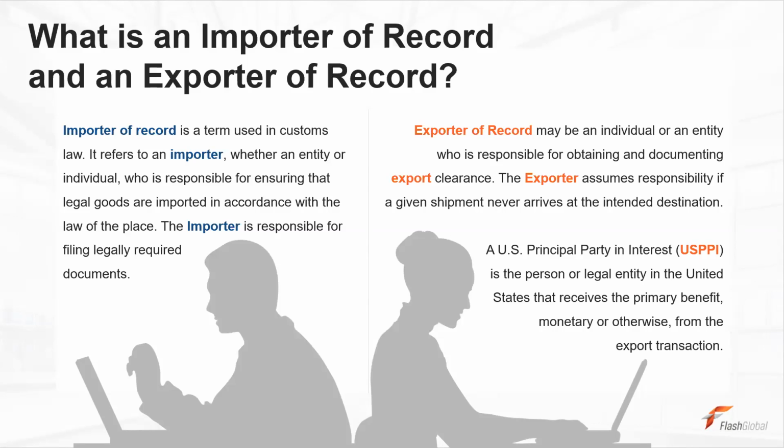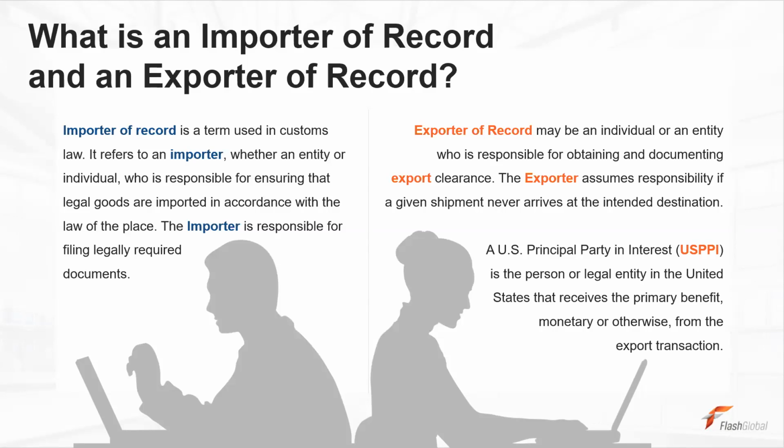Contrary to the importer of record requirements, there's no bond requirement to be an exporter of record. There are no formalities that need to be gone through to be designated, quote unquote, as the exporter of record. But the exporter of record is still responsible to ensure that they're submitting correct export data information.